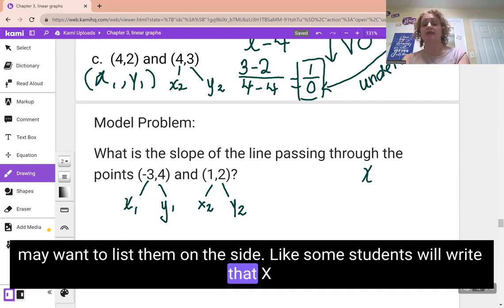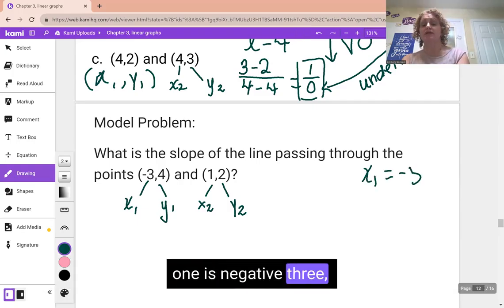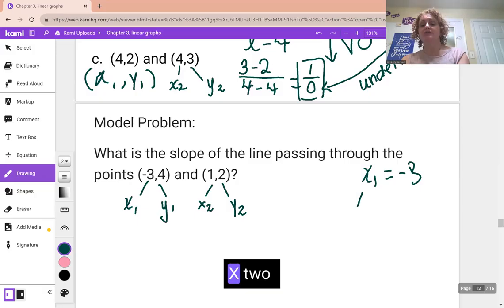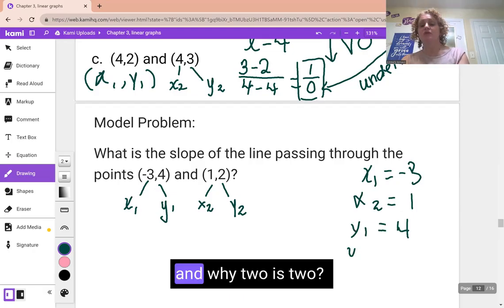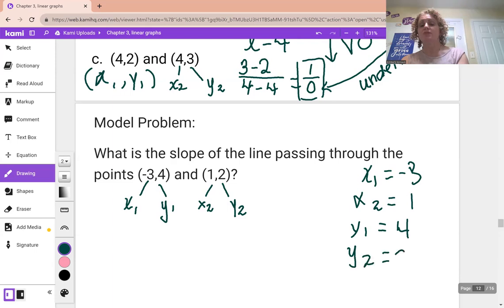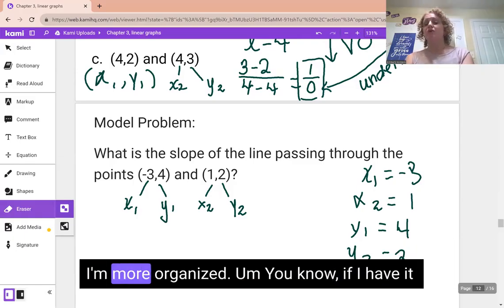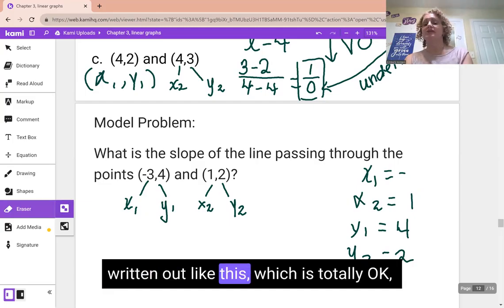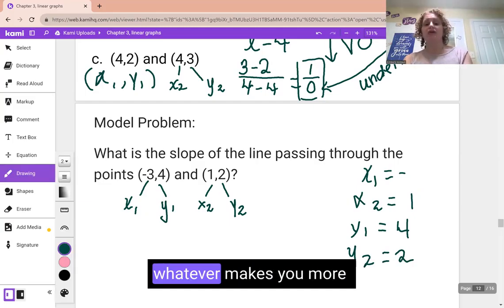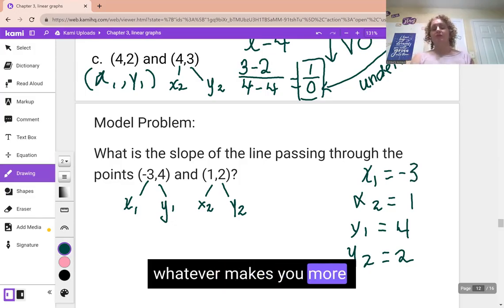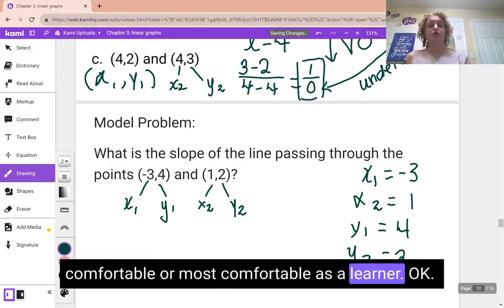Some students will write that x1 is -3, x2 is 1, y1 is 4, and y2 is 2. And then they begin their problem that way. They feel more organized if they have it written out like this, which is totally okay. Whatever makes you most comfortable as a learner.